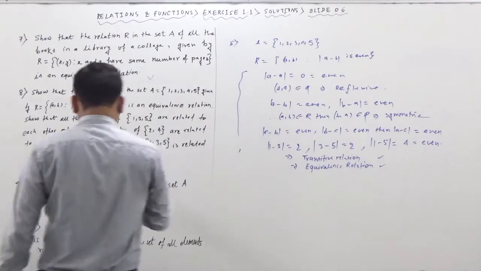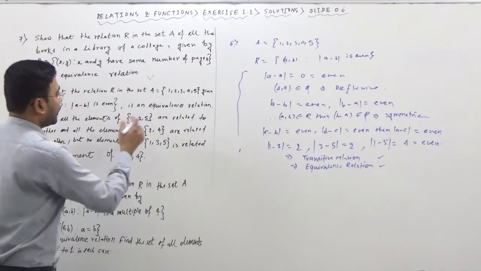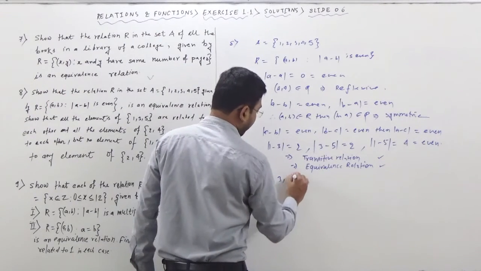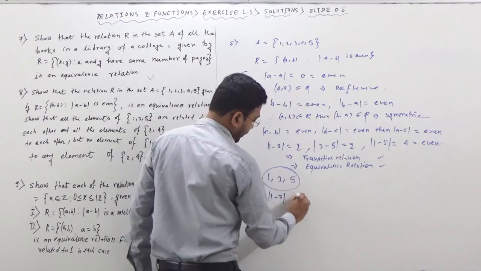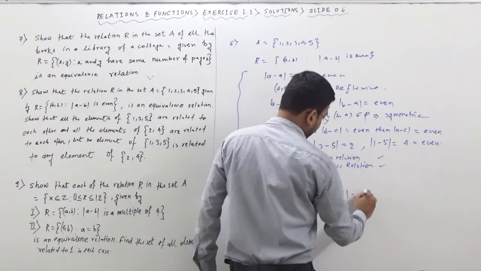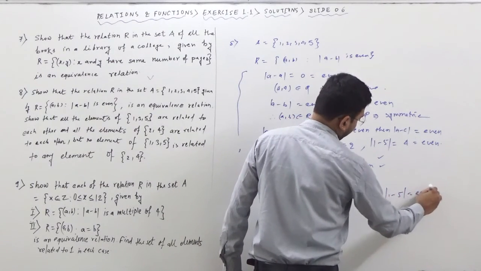Alright, next, here in this question itself, what it says: show that all the elements of {1, 3, 5} are related to each other. Of course, when you are taking 1, 3, 5, if you find any of these, 1 minus 3 even, 3 minus 5 even, 1 minus 5 even, what are the possibilities there?